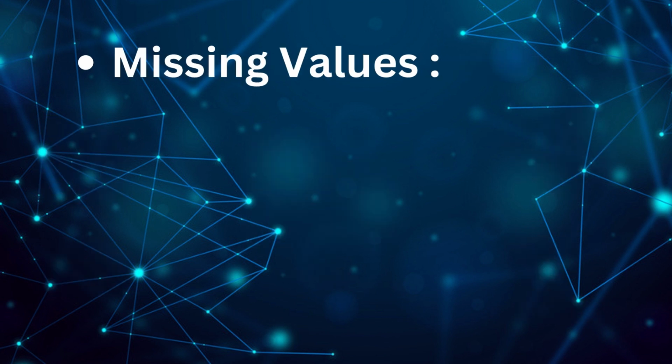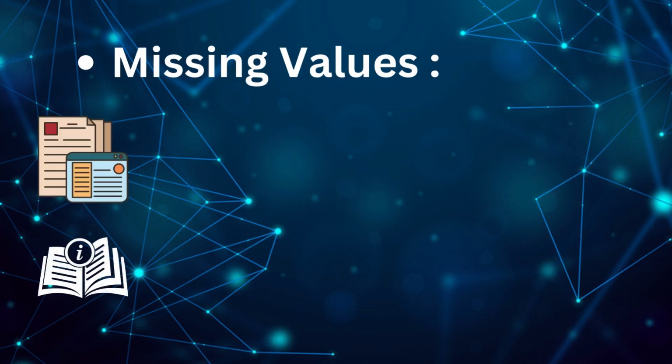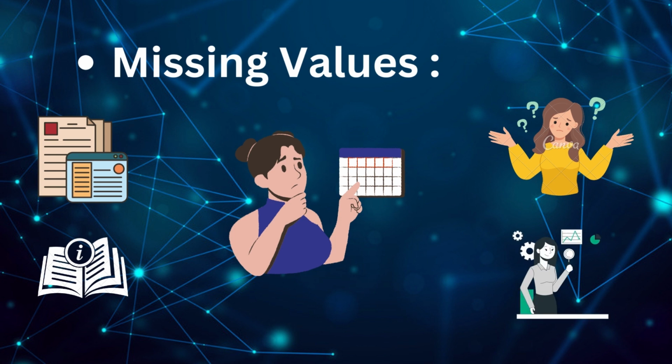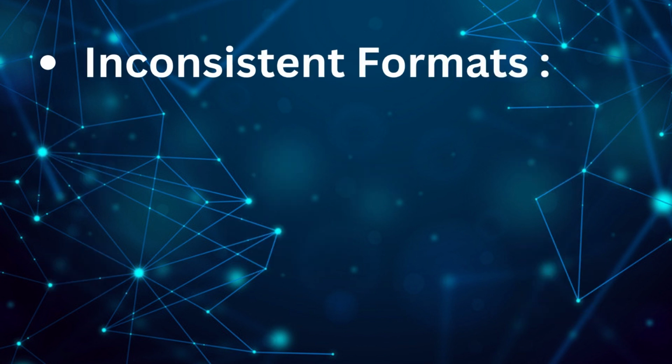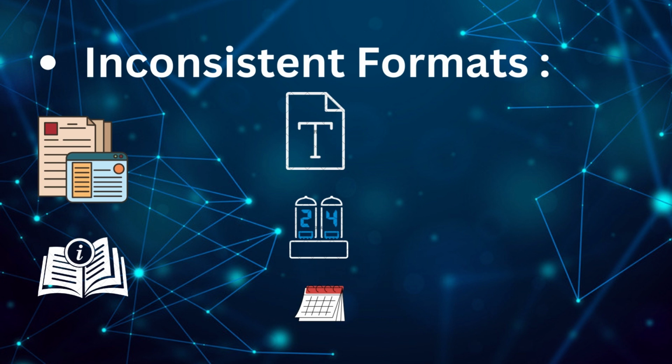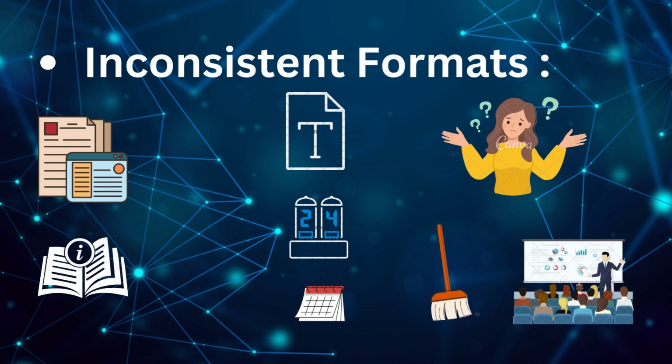Missing values: if data is integrated from multiple sources, there is a risk of creating missing values. Missing values can make it difficult to analyze the data and to get a complete picture of your business. Inconsistent formats: if data is integrated from multiple sources, it is possible that the data will be in different formats. This can make it difficult to clean the data and to draw meaningful insights from it.